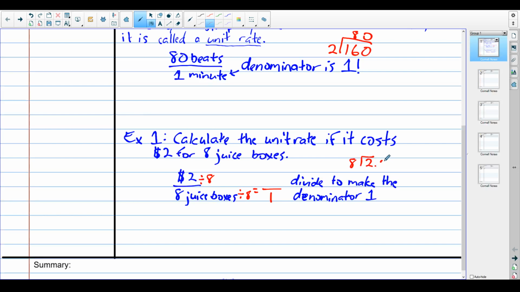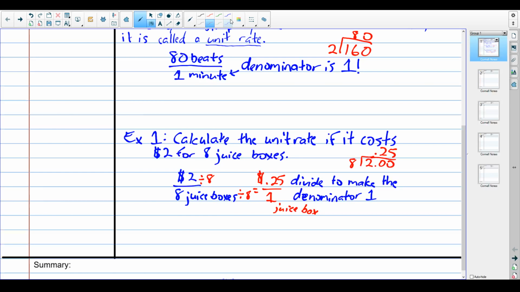So if we added a couple zeros, so it's a proper fraction, and we did our math, we would get that 2 divided by 8 is 0.25. So we're left with, bad dollar sign, 25, is the cost for one juice box. Or 25 cents per juice box.